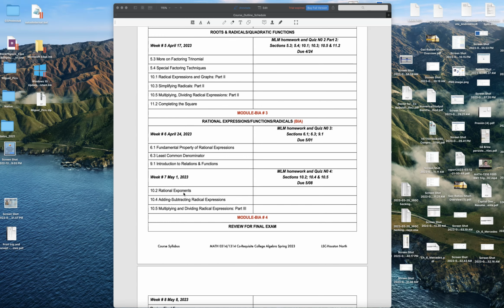So I strongly suggest you go and review that second part of module number 3, because that is very important in order to make simplifications, and also a little bit more of how to handle operations with radical expressions. That is something that is going to be covered during the progress of this week.